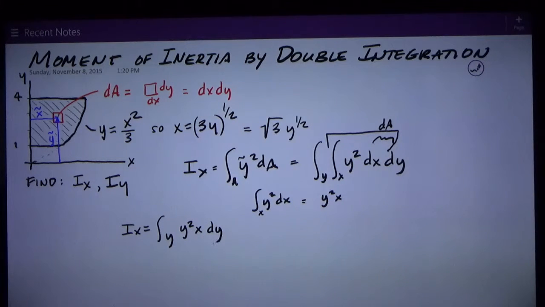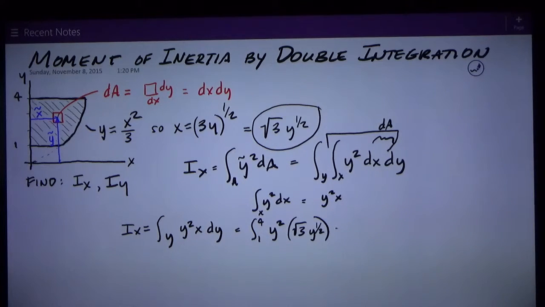Now we're evaluating the outside part, and since we're going along the y-axis, we go from 1 to 4. We figured out what x is: the square root of 3 times y to the 1/2 power. So we substitute that in for x.